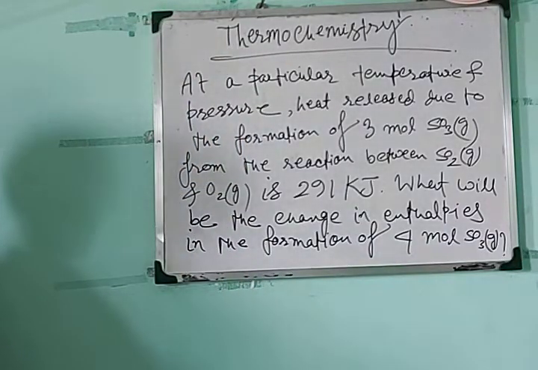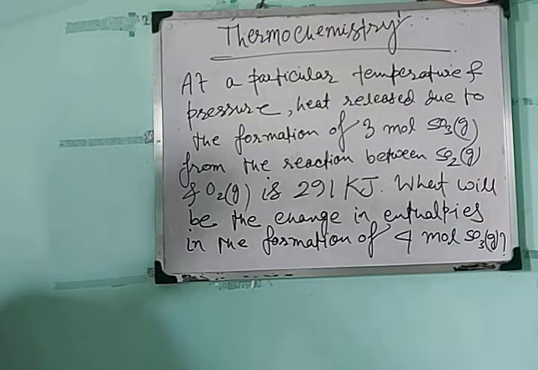This is the whole question: at a particular temperature and pressure, heat released due to the formation of 3 mole sulfur trioxide gas from the reaction between sulfur dioxide and oxygen is 291 kilojoule.